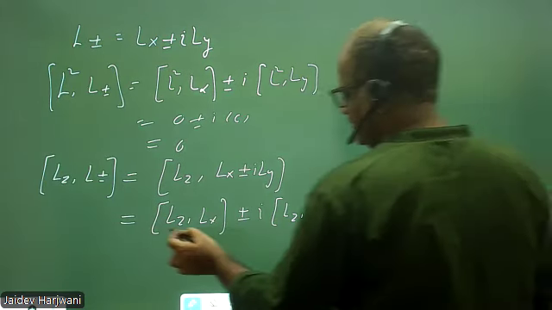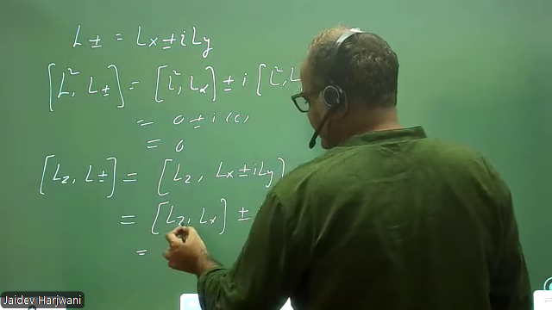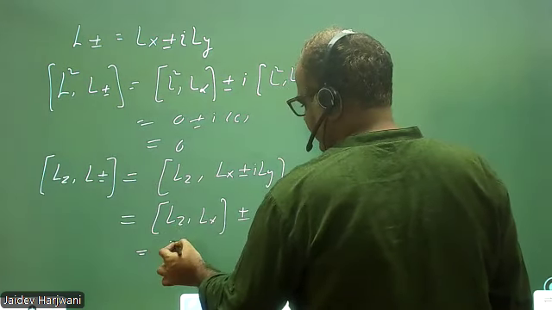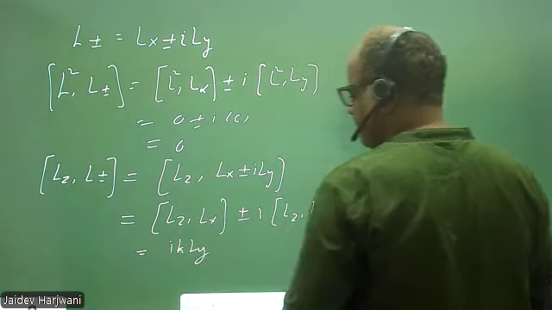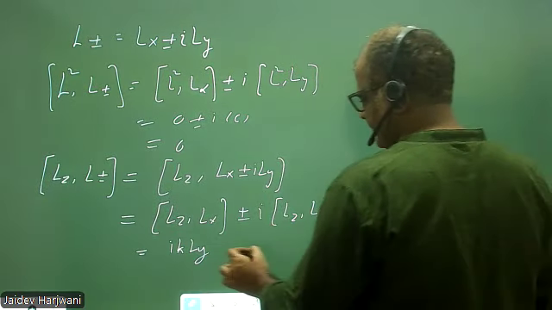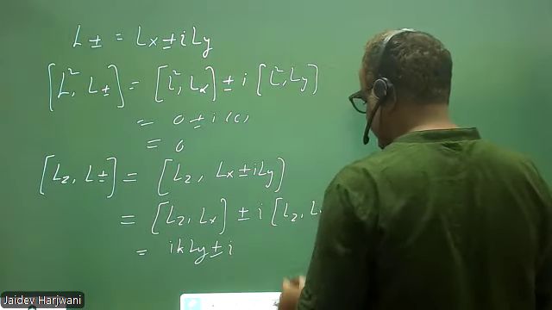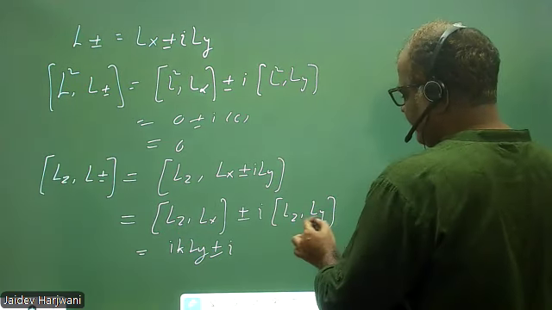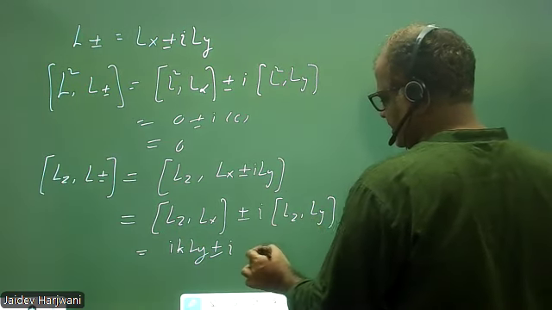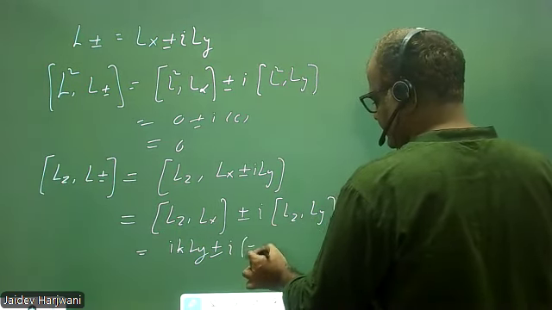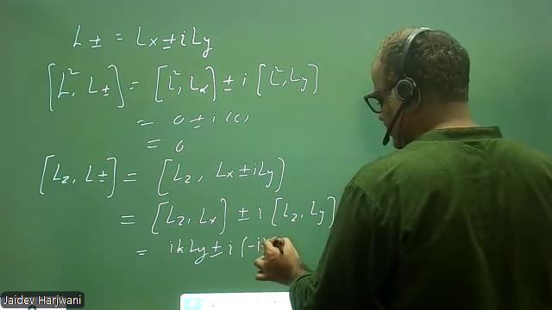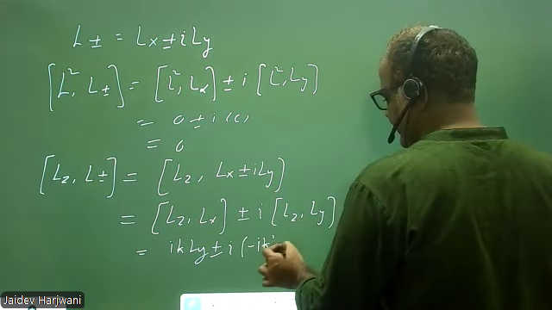Now if you have solved this one, what will come? [Lz, Lx] will give iota h cross Ly, and you have plus minus iota here. [Lz, Ly] order is changed, so this will give you minus iota h cross Lx.